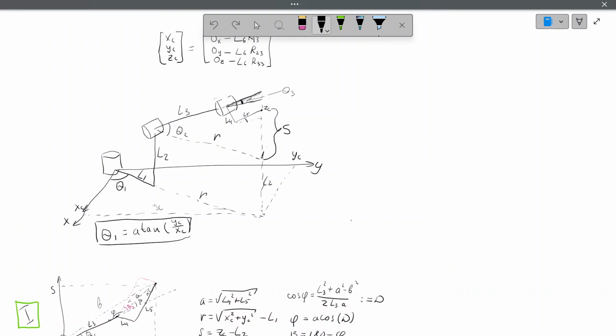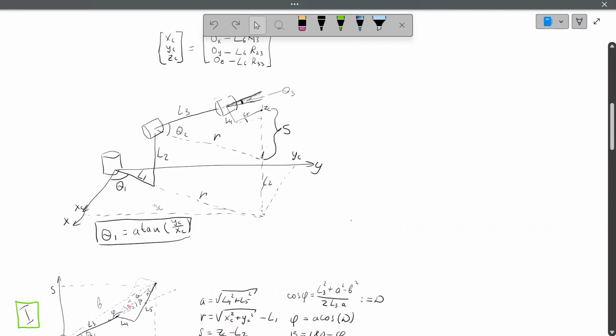R is calculated as the square root of x squared plus y squared, which is this distance. Also, to find R, we need to subtract L1. So minus L1, and this will be R.